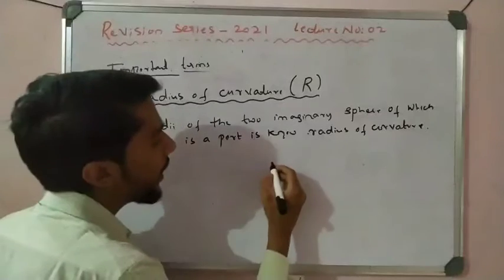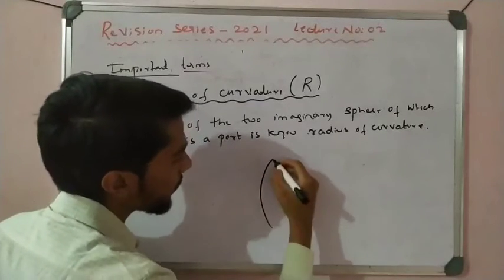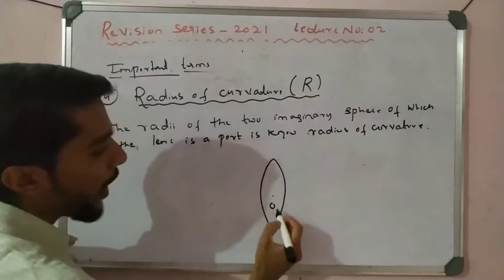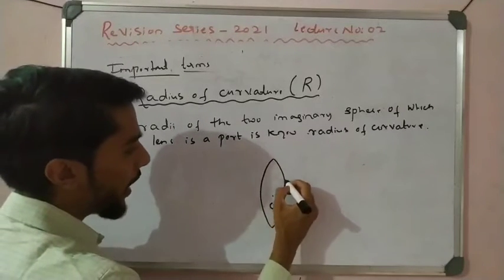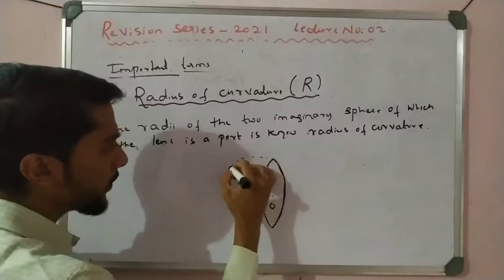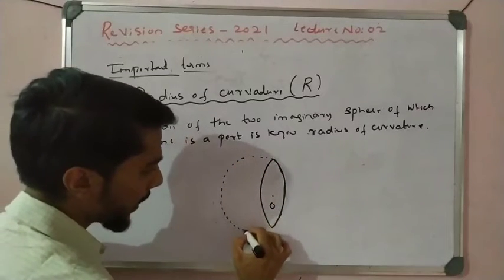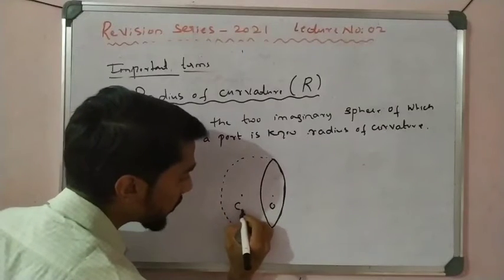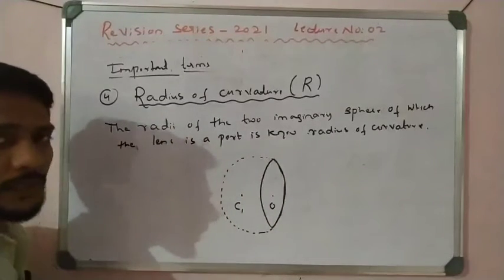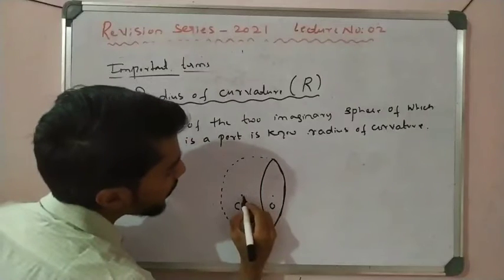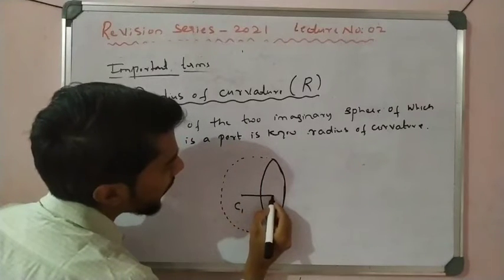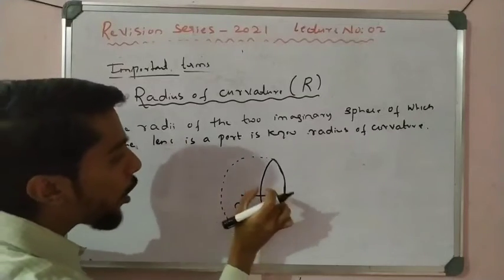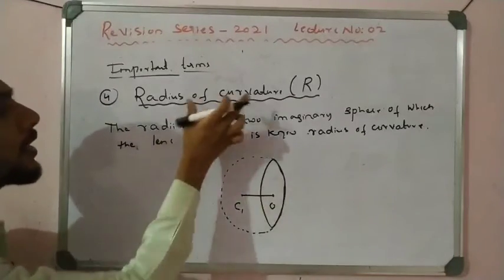See here, if I take a convex lens, it has an optical center O. Now I can refer to this side, and if this side is extended, it forms a sphere, right? Now this sphere has a center that is called the center of curvature C1, or simply C. Now see the distance between the center of curvature and the optical center is nothing but the radius of curvature.